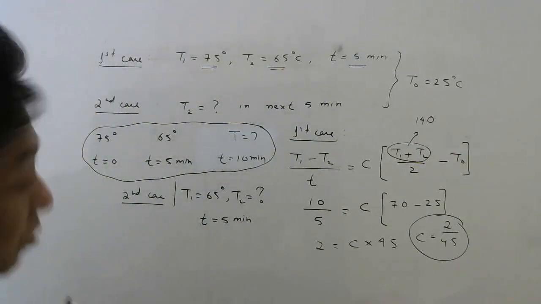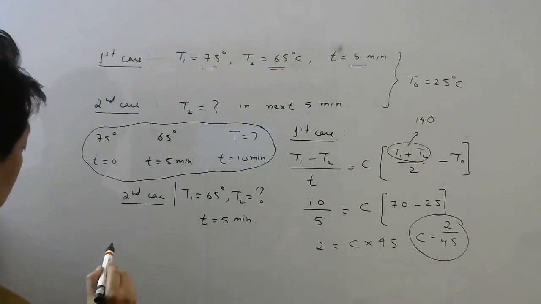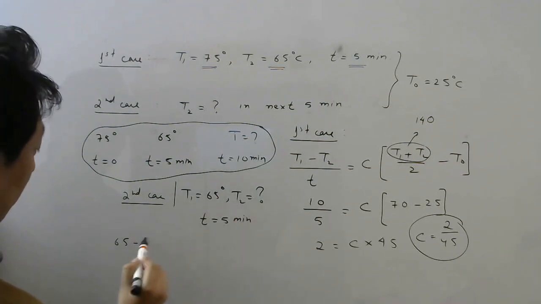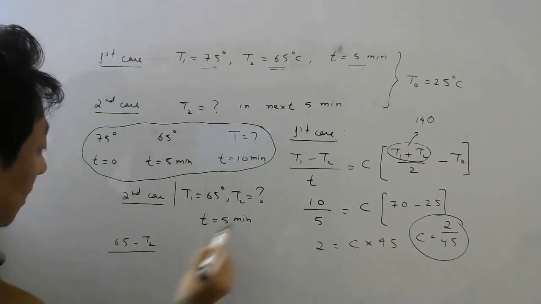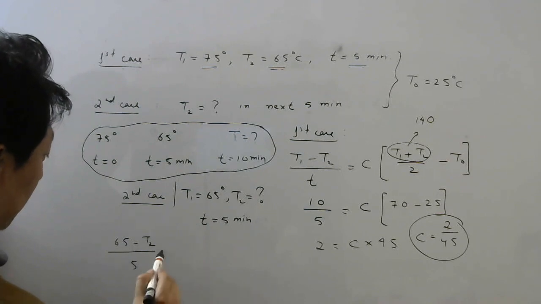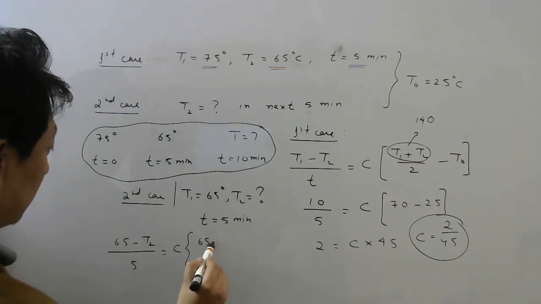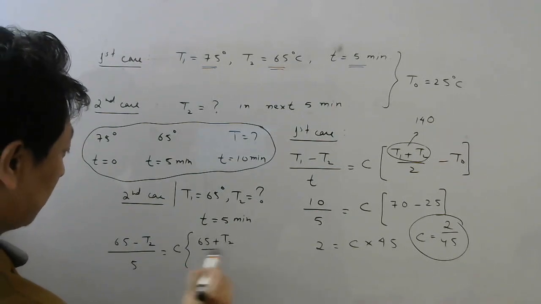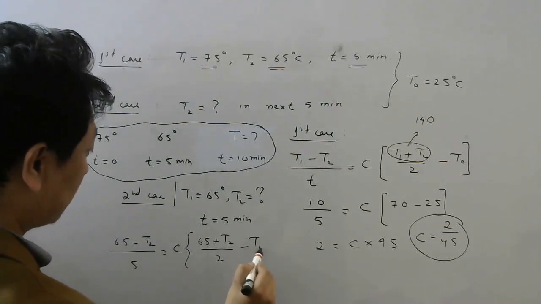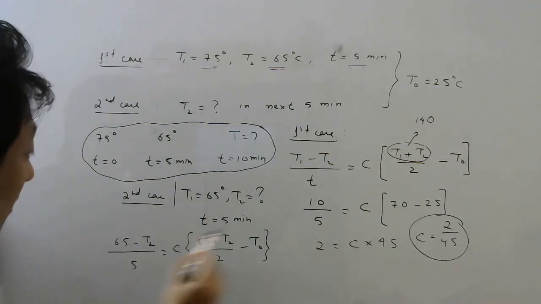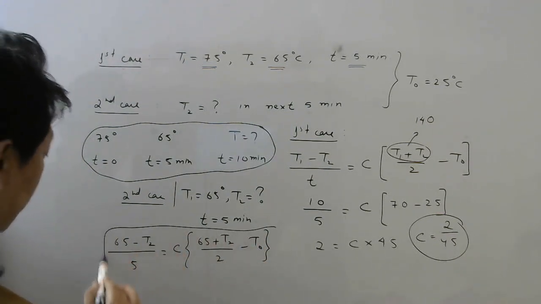So let's try to do how much it comes. It will be bigger temperature minus smaller temperature divided by time taken is equal to constant, then average temperature 65 plus T2 divided by 2 minus surrounding, right? This equation we need to simplify now.